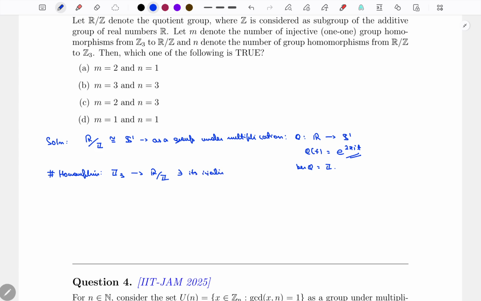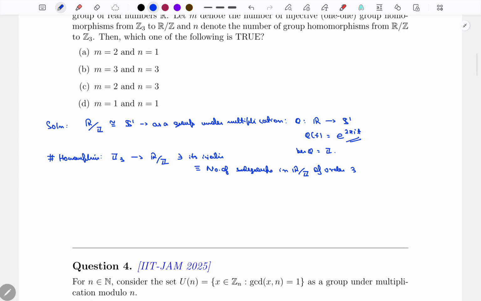So I need to identify how many possible subgroups there are in R mod Z which are cyclic and have order 3. So this accounts for the number of subgroups in R mod Z of order 3, which will automatically be cyclic. In fact, what we require is the number of elements, which would be rather useful.